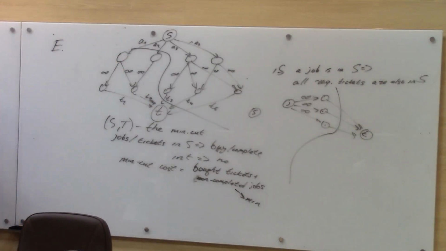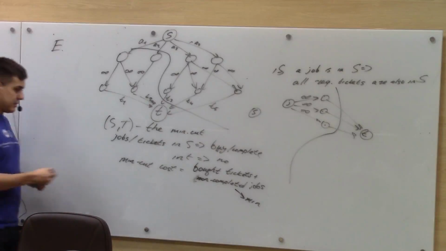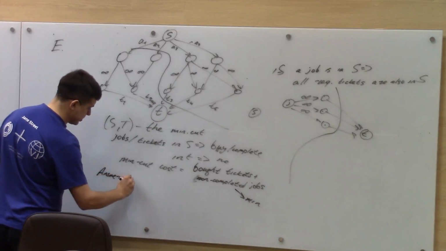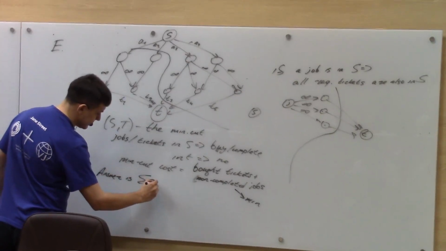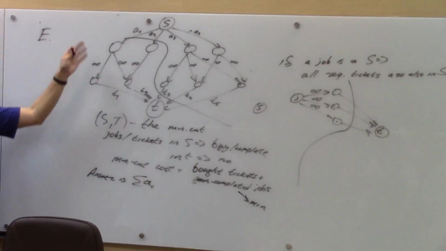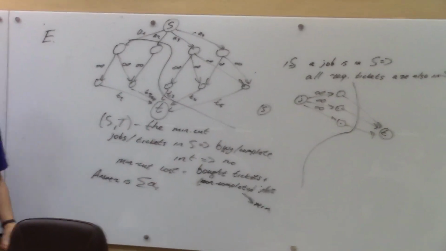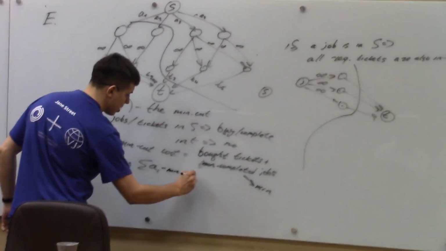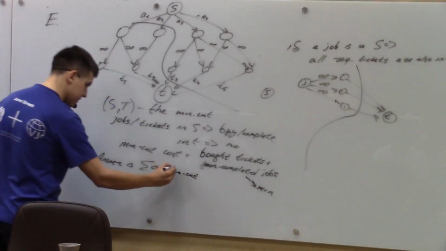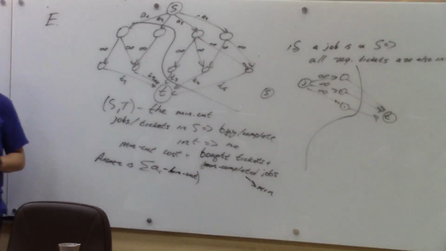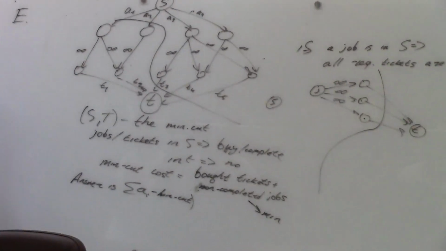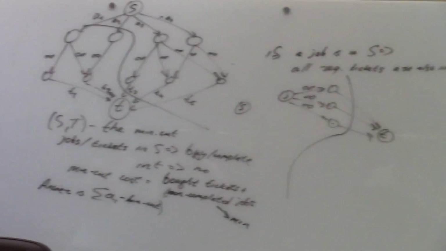Basically, the answer is the sum of all A's, so basically the sum of all completed jobs minus the cost of the min cut. And this will be equal to completed jobs minus bought tickets, which is exactly what we want.